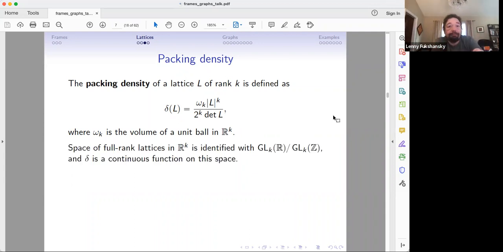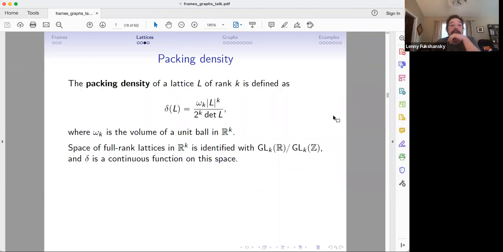So that's the proportion of the space covered by one ball inside of the Voronoi cell, and that's the density of the packing. Now, the space of full rank lattices can be identified with GL_k(R) under the action of GL_k(Z) by right multiplication, which is just change of basis, because multiplying by any matrix from GL_k(Z) takes me from one basis of a lattice to another basis of the same lattice.